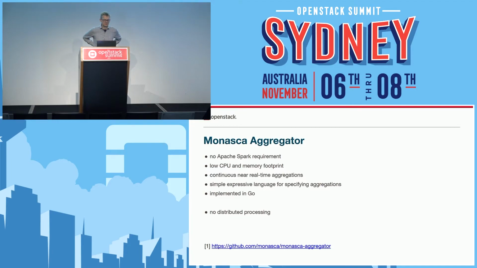But there were some problems with the Monasca Transform engine. One of them is it is based on Apache Spark, which is difficult to deploy and to operate. Also, due to the way Apache Spark operates, it works on batches.